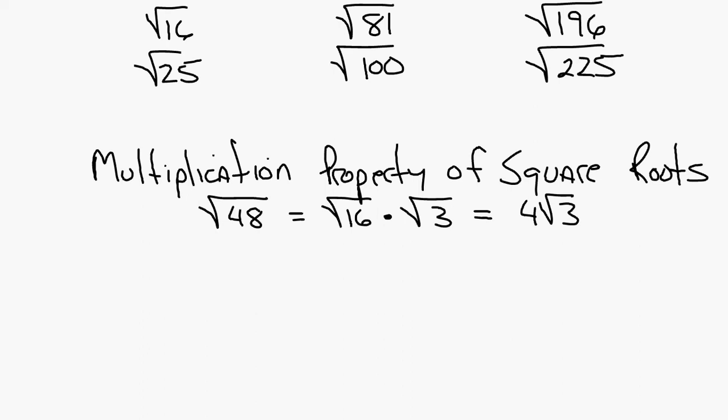Now, some of you, I like showing this property vertically. So we'll take the square root of 48. Let's do it vertically now. Square root of 16 times square root of 3, which is the same as 4 square root of 3.